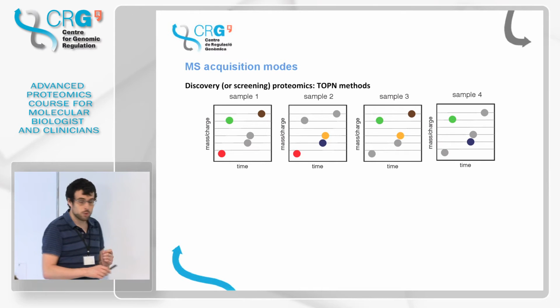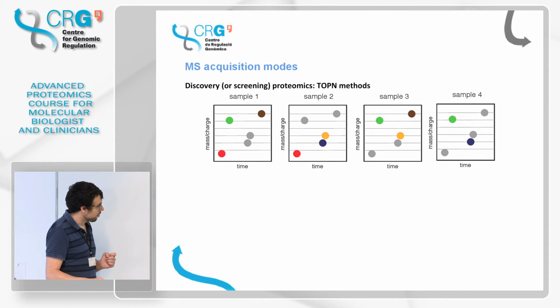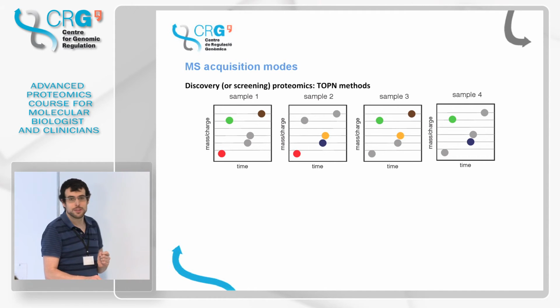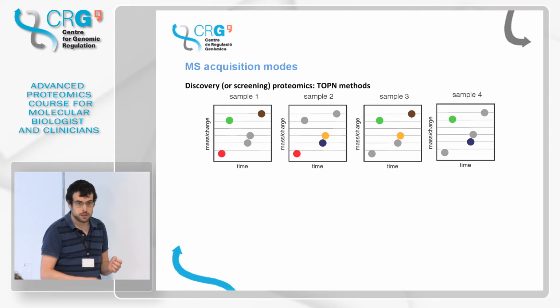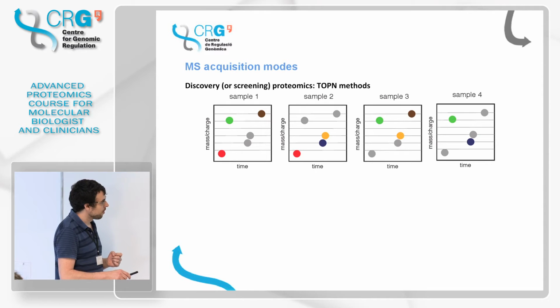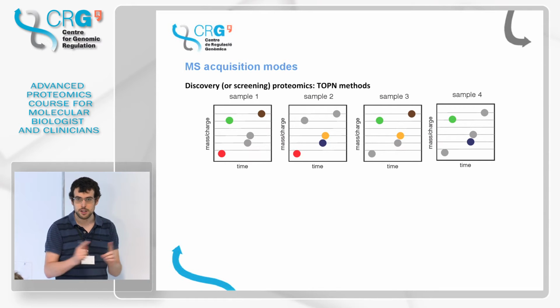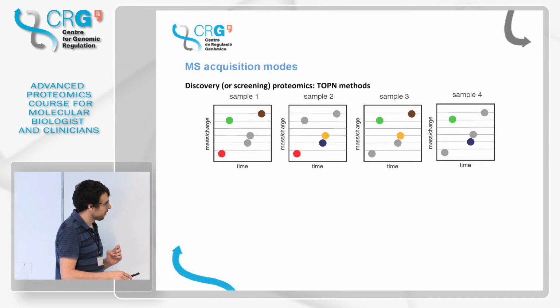But actually, we are quite good at saying, well, I didn't identify this spot here that has this retention time and this mass, but I am intelligent enough to say, well, this is quite likely to be the red one, right? And what we are doing is sharing information between runs and sharing this identification. So even though this feature, or this peptide here, has not been identified in this sample, if I have replicates, I can say, well, this feature is probably this one. Okay?